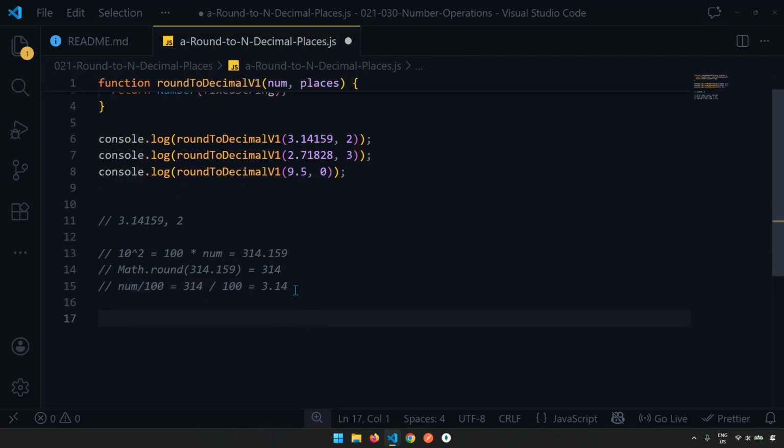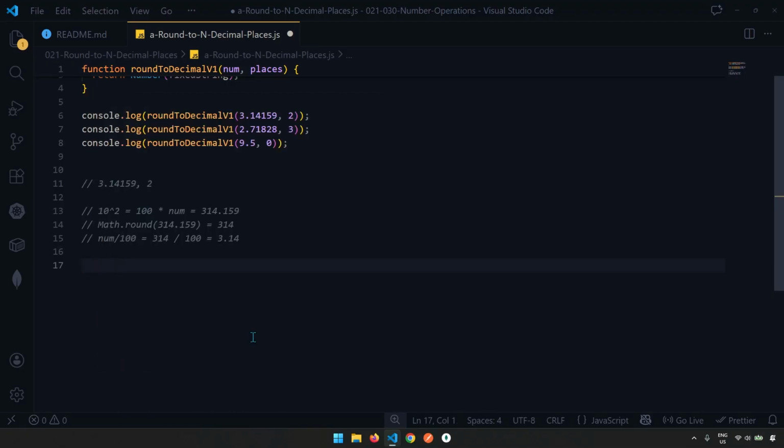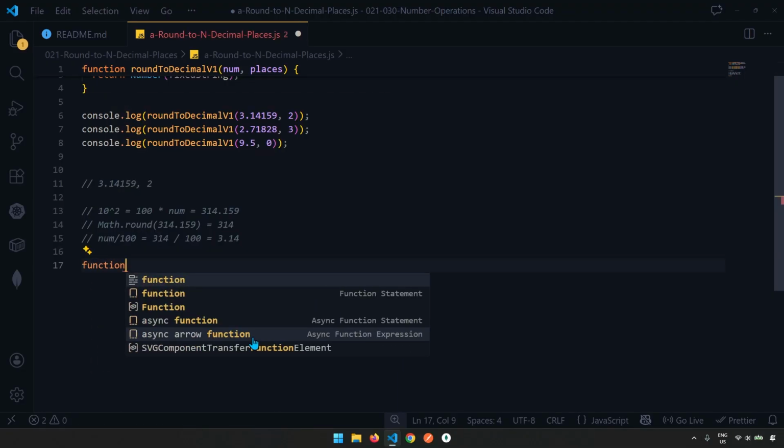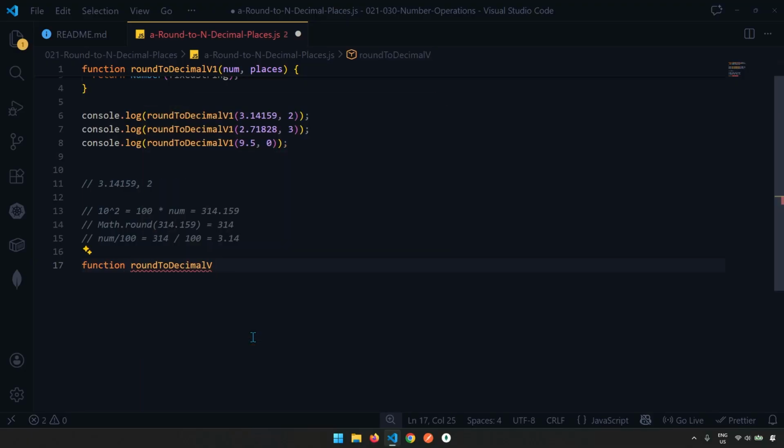And now what we need to do is just write this in the form of code. So I'm going to zoom this out. The first thing we need is a function that does this calculation. We're going to call it roundToDecimalV2. This function accepts a number and it accepts places as well.